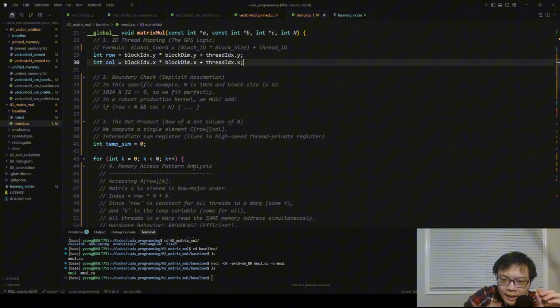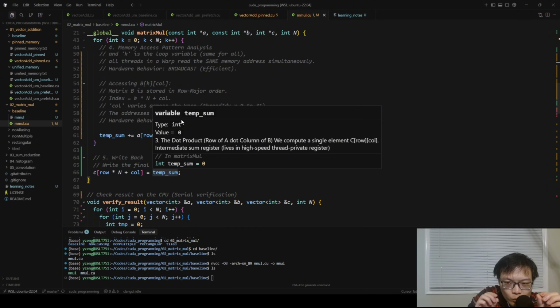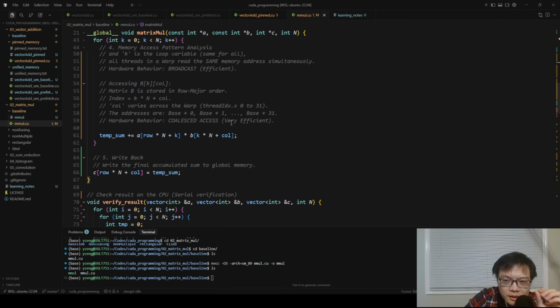But threadIdx.x ranges from 0 to 31. So thread 0 computes C00, thread 1 computes C01, up to thread 31.